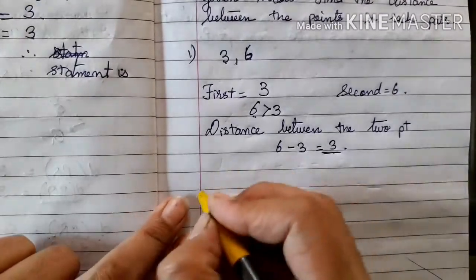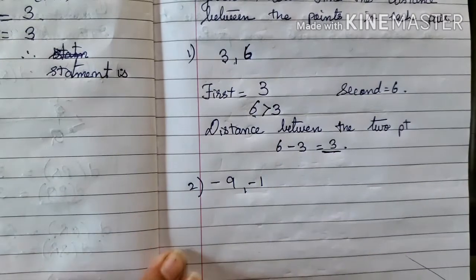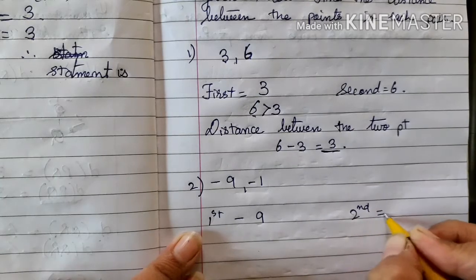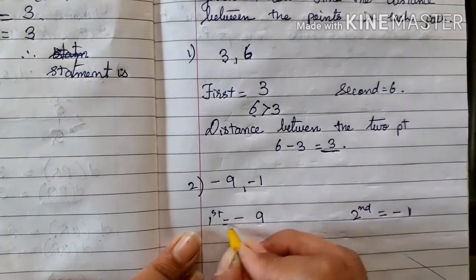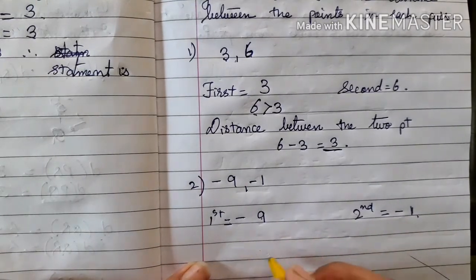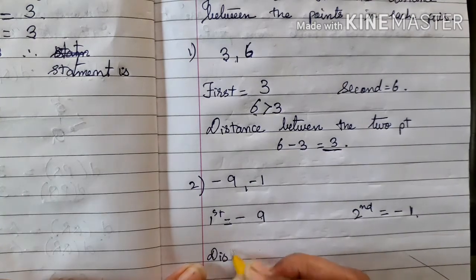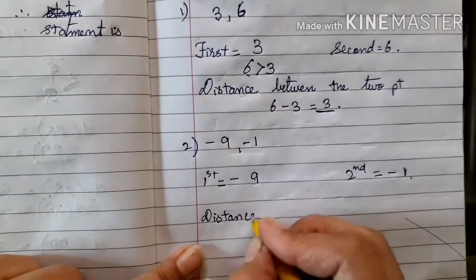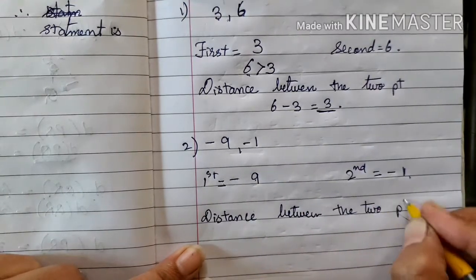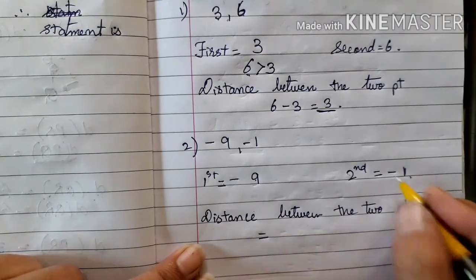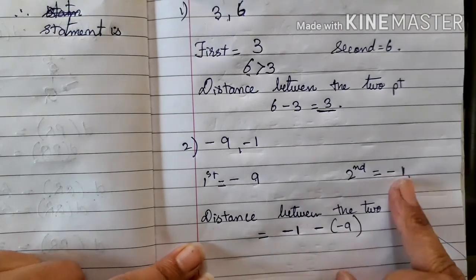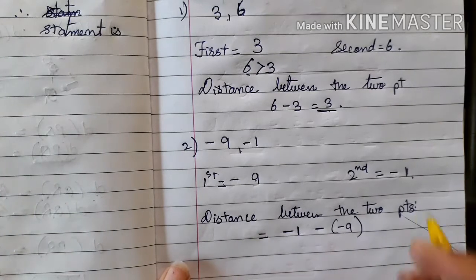Now the second question, minus 9 and minus 1. The first coordinate is minus 9. The second coordinate is minus 1. We have to find the distance. For finding the distance, what we have to do? We have to subtract. The distance between the 2 points is equal to minus 1 will come first and then we have to write minus 9, because minus 1 is greater than minus 9, right, from the number line.